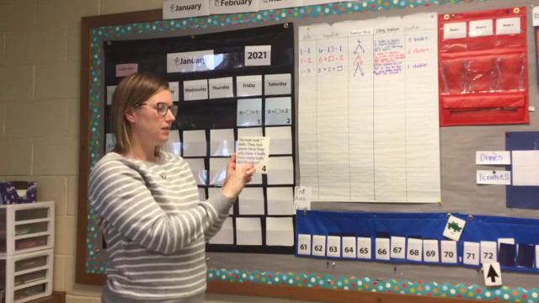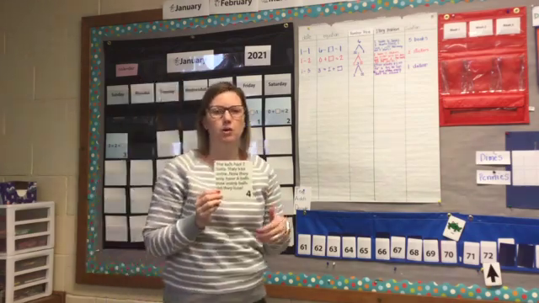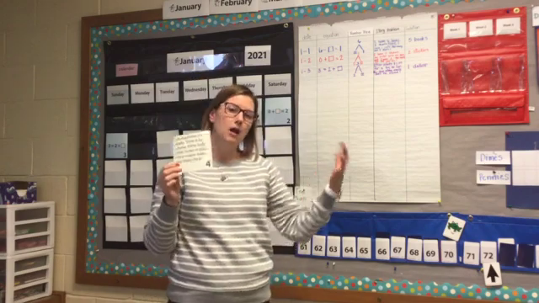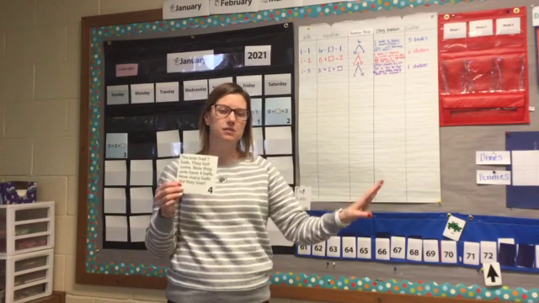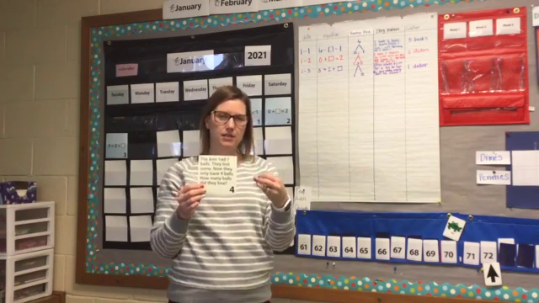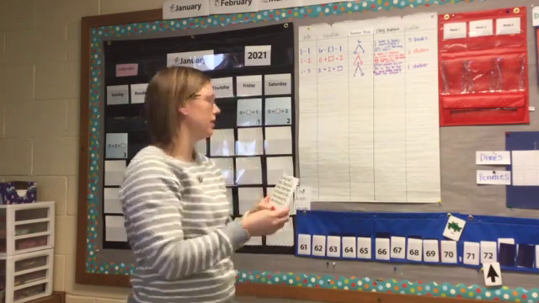How many balls did they lose? So every time we write a story problem or read a story problem, we have to think about, are we getting more of something or are we taking some away? If we're getting more, we know that's addition. If we're taking away, we know that's subtraction.